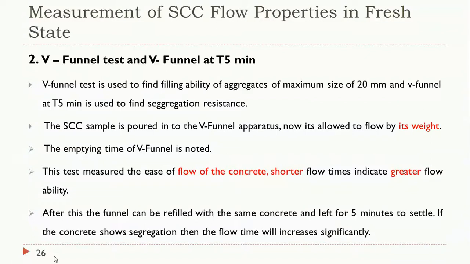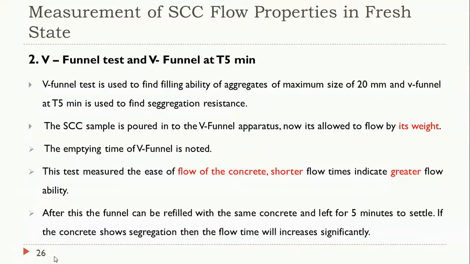Here the self-compacting concrete sample is poured into a V funnel apparatus and allowed to flow by its own weight. The empty time of the V funnel is noted. This test measures the ease of flow of concrete, and the shorter the flow time, the greater the flowability.